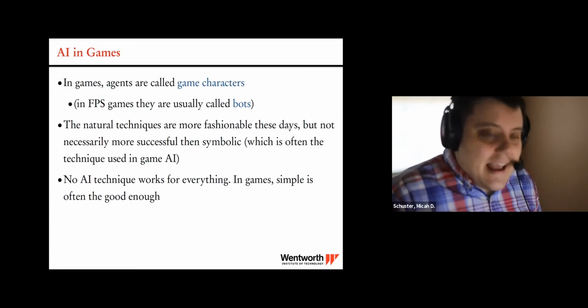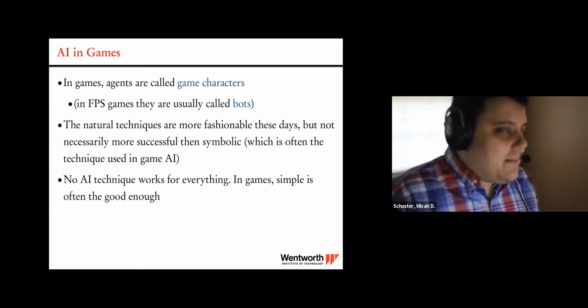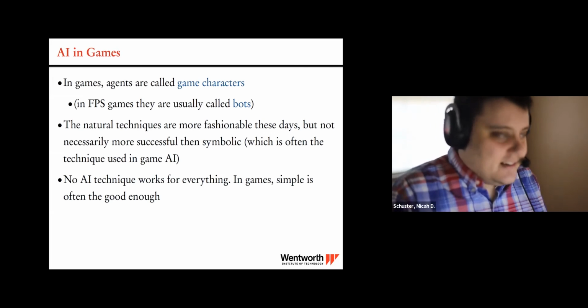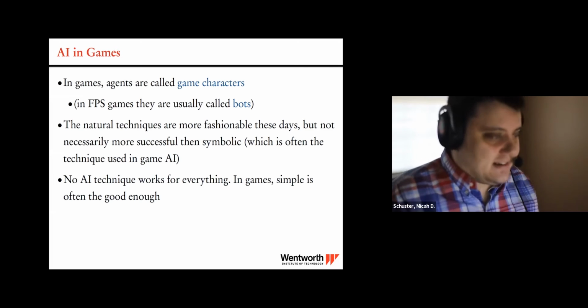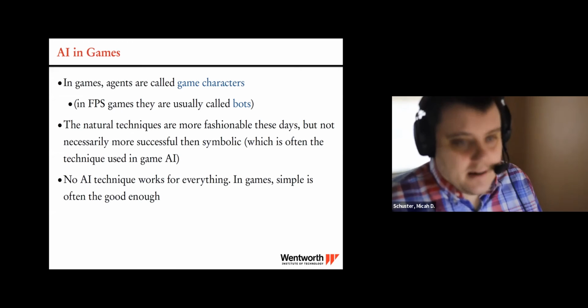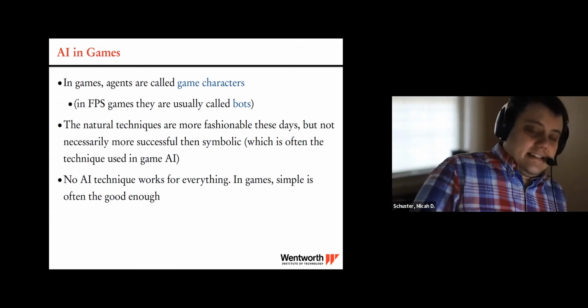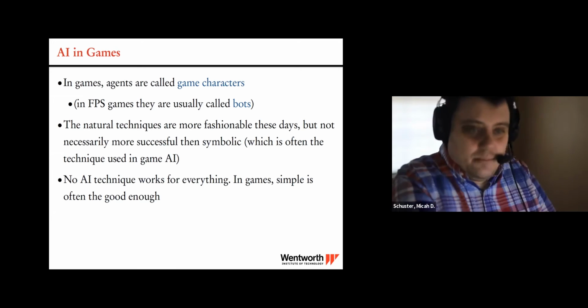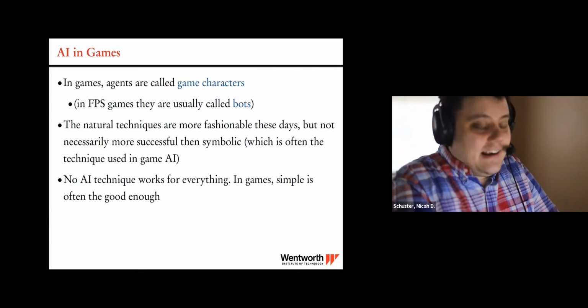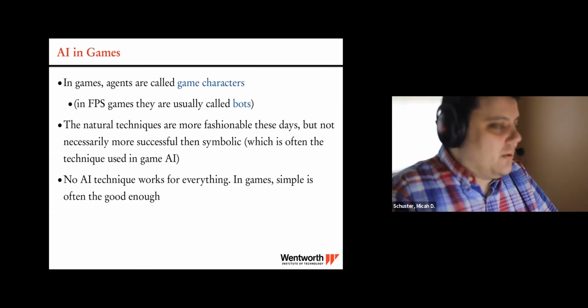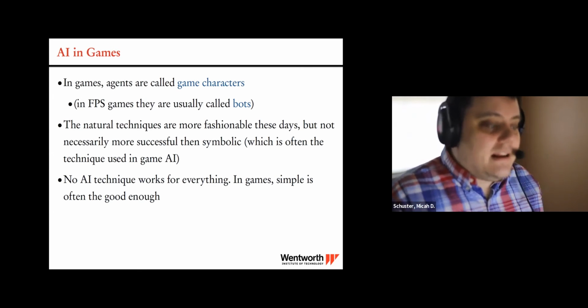All right, so in games, usually you're talking about some sort of game agent, which is the game character. In an FPS game, an AI agent is going to be a bot running around, and it's going to need to be doing things. Natural techniques are far more fashionable these days. You're not going to get away from an AI class without learning about neural networks. But that doesn't mean it's going to be more successful.